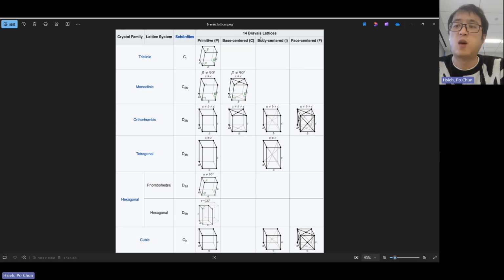So far, all solid state materials can be found arranged in these 14 Bravais lattices. So in total, we have 14 ways to arrange the atoms here. And these 14 Bravais lattices can be categorized into 7 lattice systems.